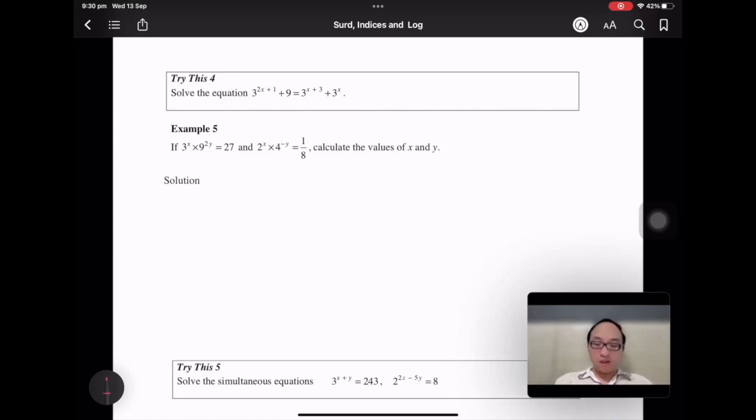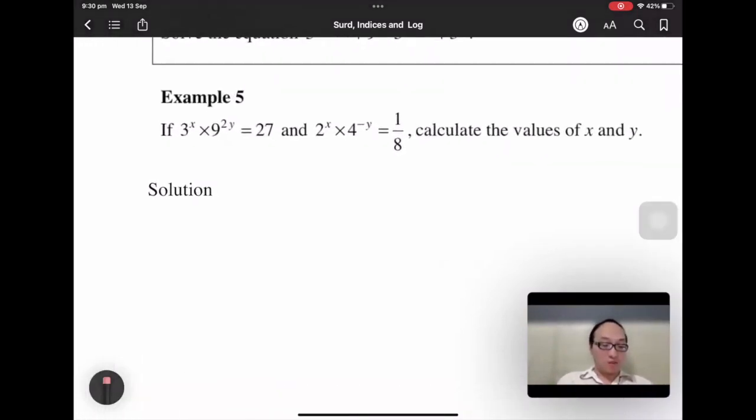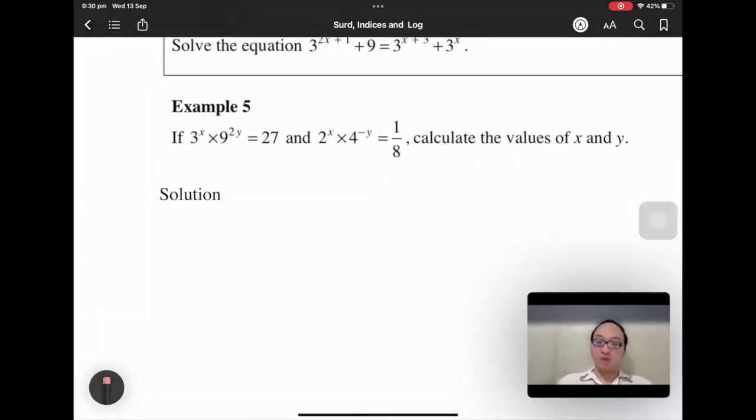Example 5, if 3 to the power of x times 9 to the power of 2y equals 27, and 2 to the power of x times 4 to the power of negative y equals 1 over 8, calculate the values of x and y. So we have to simplify this into two equations here.